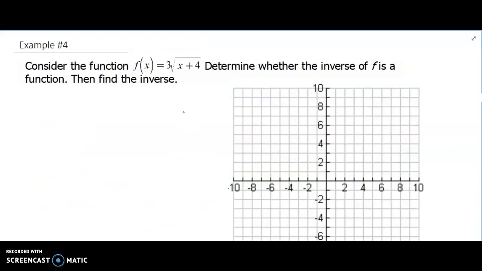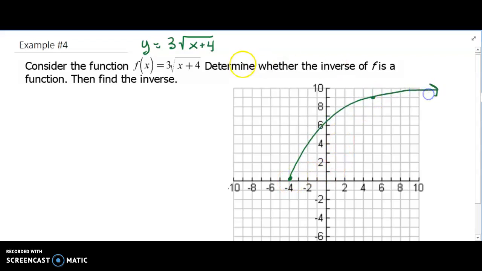All right, let's look at example 4 here. Okay, so we have f of x, or I'm just going to say y equals 3 square root of x plus 4. Okay, if we graph that, we start here, and then we go to somewhere like here. Okay, so this is y equals 3 square root of x plus 4.